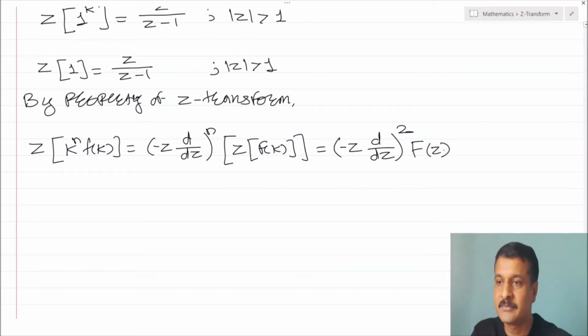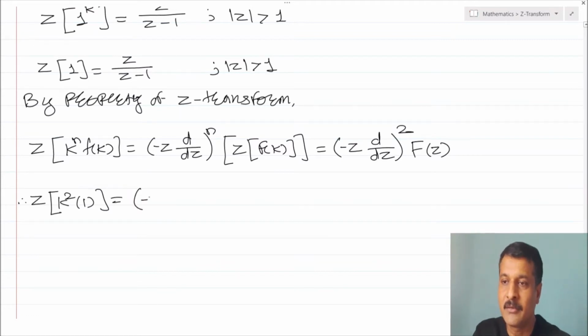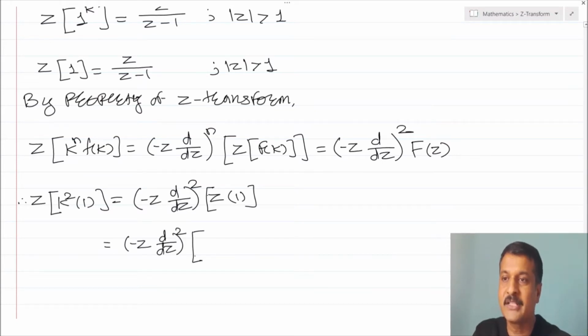And that is why I am getting the z transform of k square into 1 equal to minus z d by dz whole square into the z transform of 1. The z transform of 1 is z upon z minus 1.